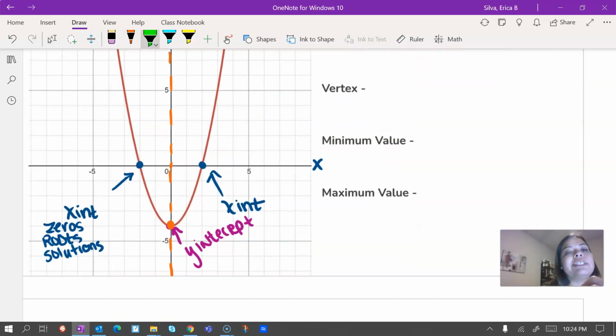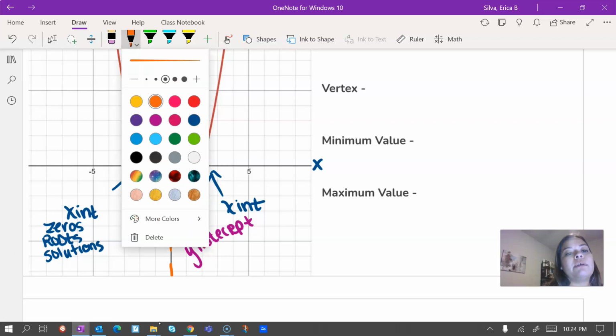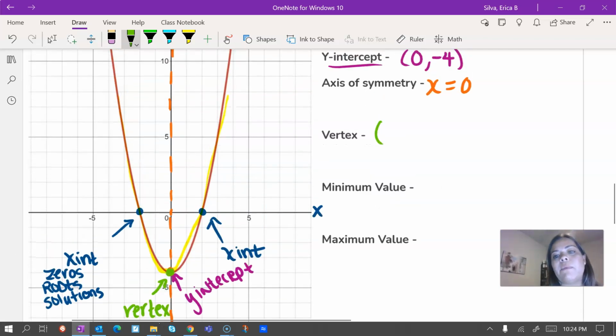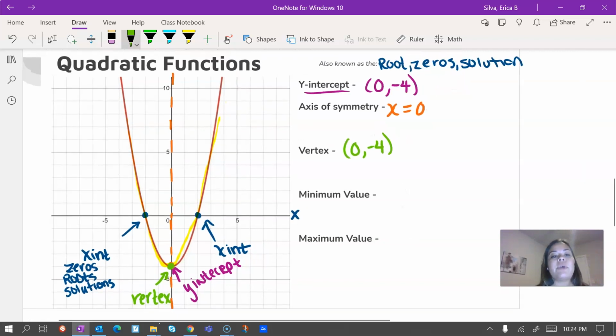Remember, the vertex is the lowest or the highest point on the graph. So this represents the lowest point because your graph is going down, and then it goes back up. So this is my vertex, and the location for that vertex is the same as my y-intercept, which is at 0, -4. Because this graph is facing upward, it has a minimum value.